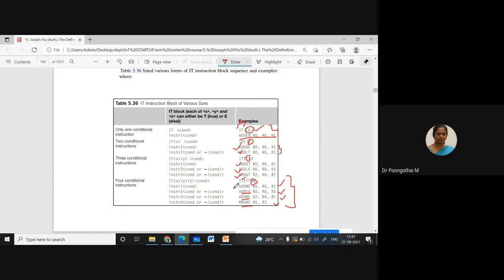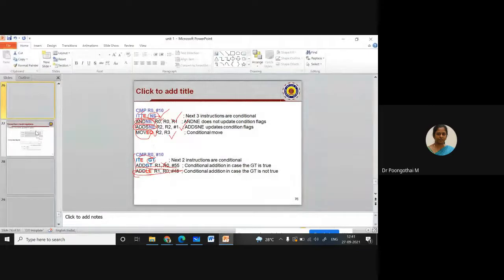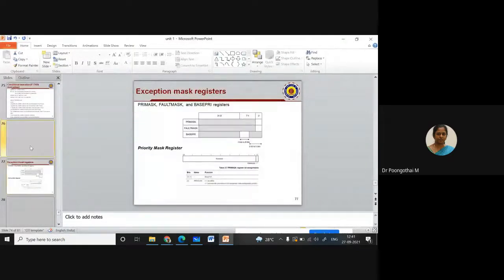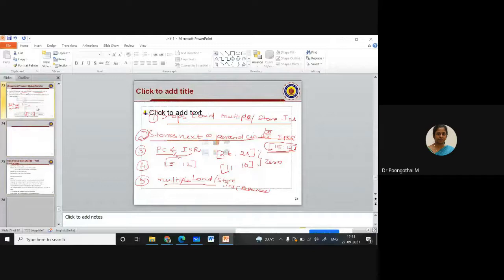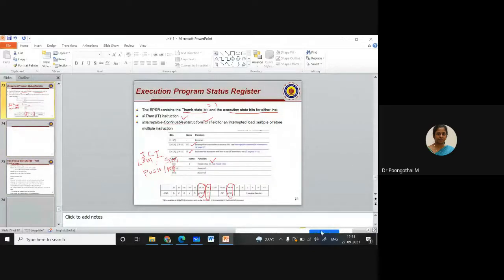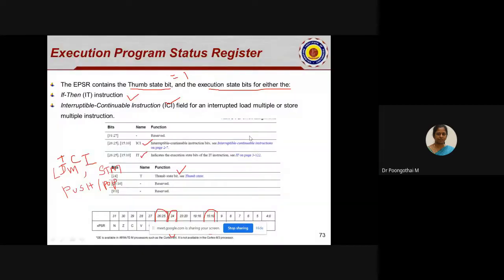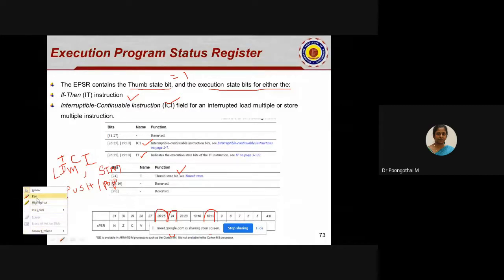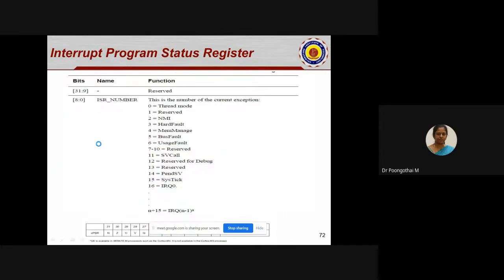So in this case, your execution program status register holds the execution state for this IT block instruction. Is that clear, students? Yes. So under XPSR, we have three registers.